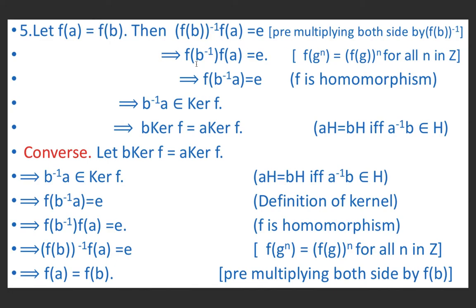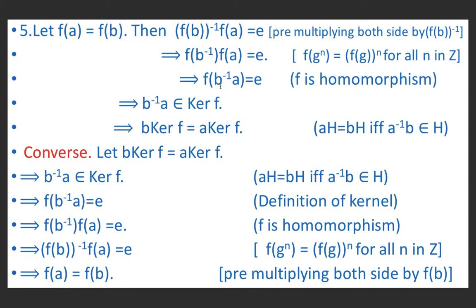On the right hand side, f(b) into f(b)^-1 is the identity element, and f(b^-1) is f(b)^-1 by the property f(g^n) equal to f(g)^n for all integers.